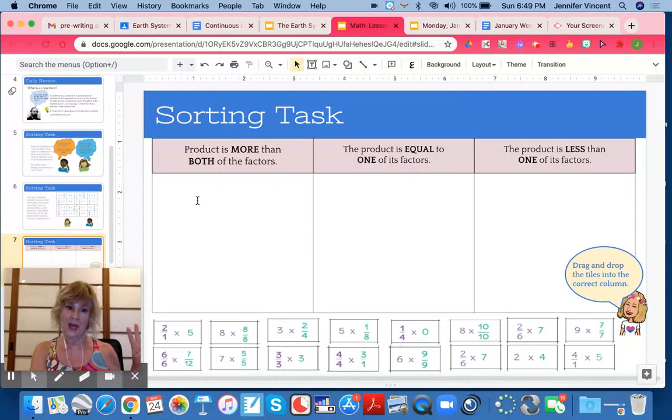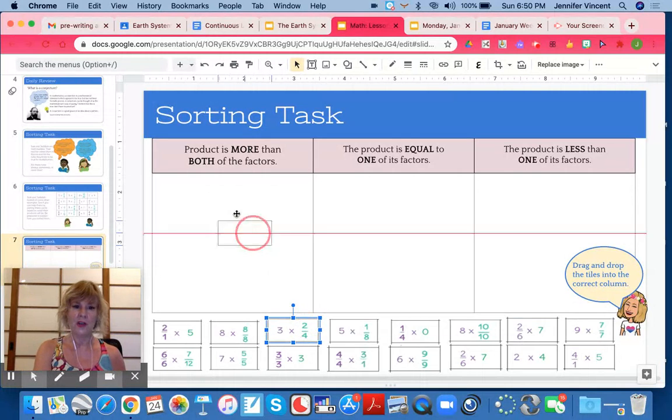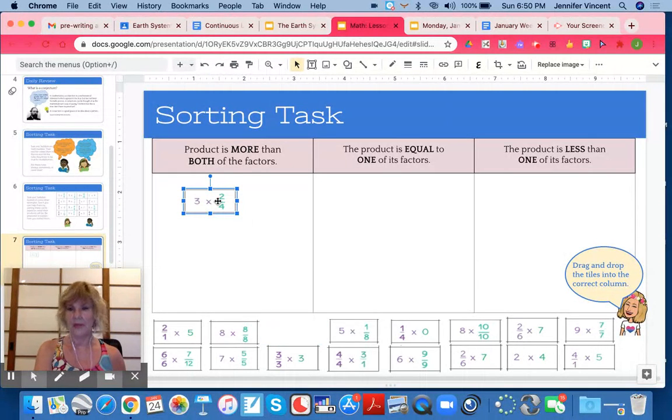There are 3 categories. 1, the product is more than both of the factors. 2, the product is equal to one of the factors. Or 3, the product is less than one of the factors. You're going to take these little tiles and drag them where you think they belong. Drag and drop the tiles into the correct column. That's what you're going to do.